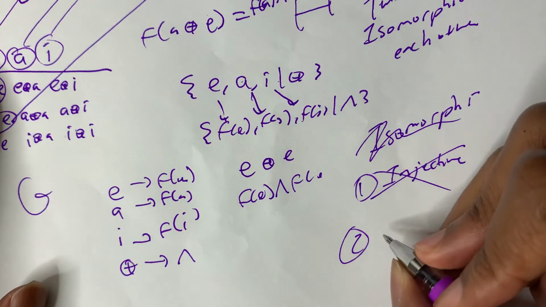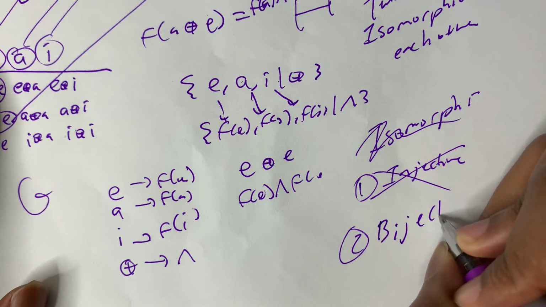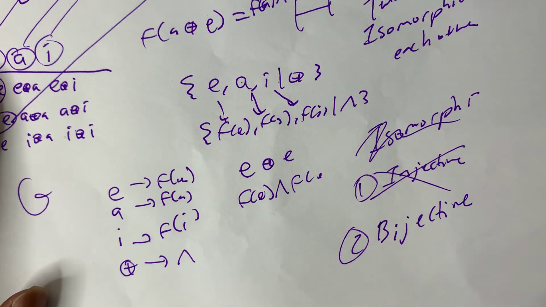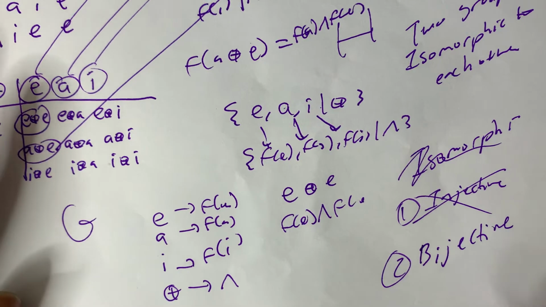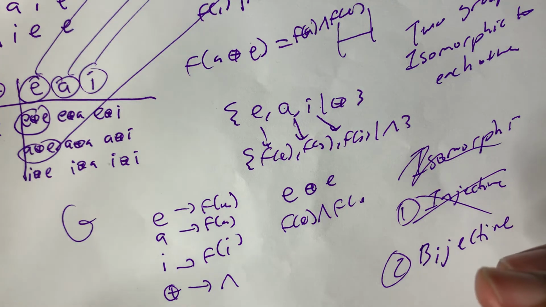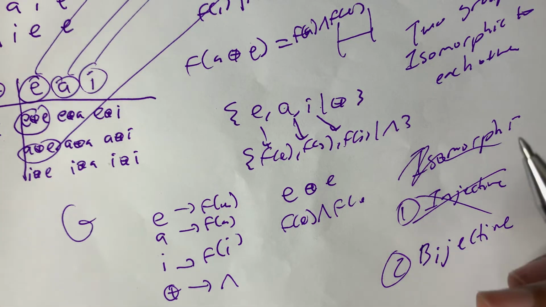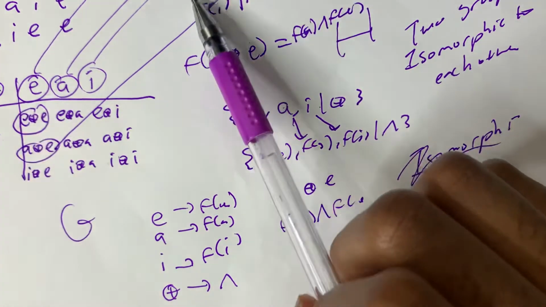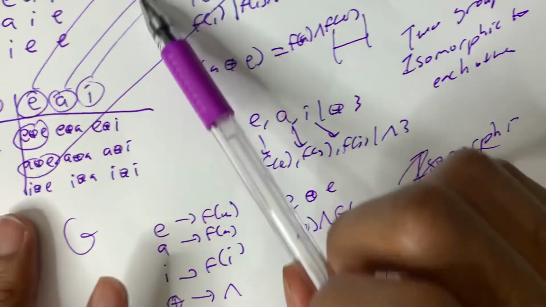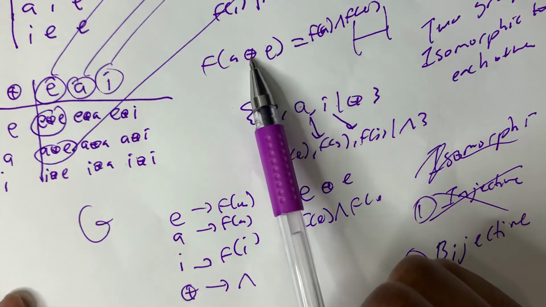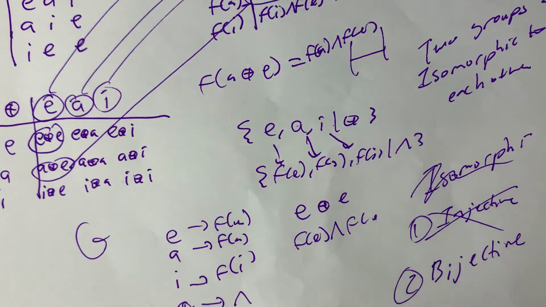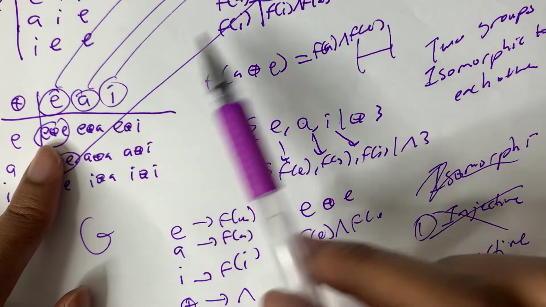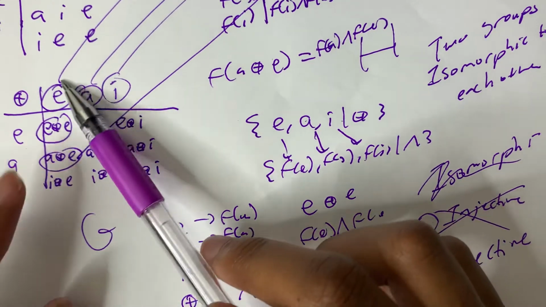We might say, okay, what about bijective functions? Bijective functions are injective and surjective. Surely that will capture this idea. And that is also a no, because we can have a bijective function where it's a unique pairing between elements and is defined for all elements of G. However, we've only captured half of what we want to capture. Because remember, there should also be a relating between the operations.